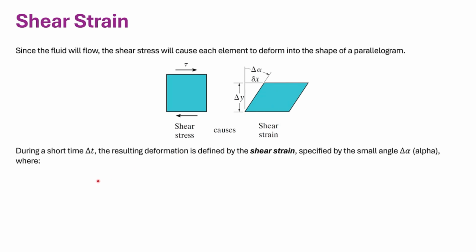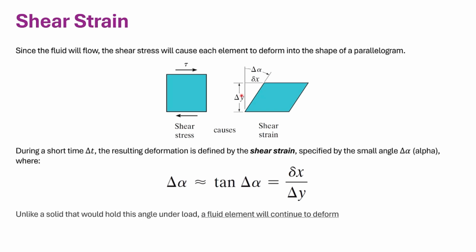During a short time delta t, the resulting deformation is defined by the shear strain specified by the small angle delta alpha, where delta alpha is approximately equal to tangent delta alpha, and that's equal to delta x divided by delta y. This is the definition of tangent, this side divided by this side.